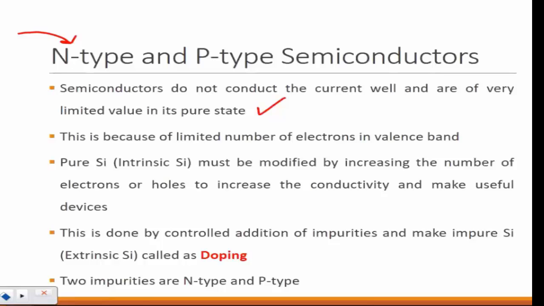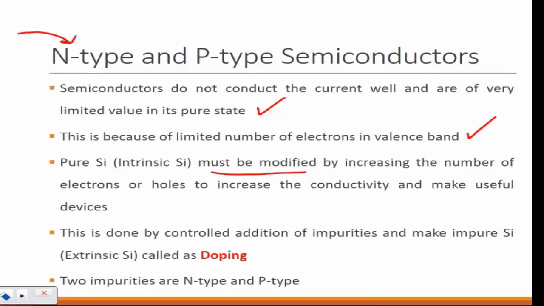Again, all that current we've been discussing is all happening at room temperature only, under the influence of heat. This is because you have an extremely small number of valence electrons which may later become free. So in order to modify the pure silicon, it must be carefully modified.